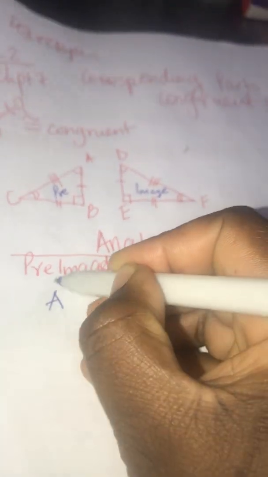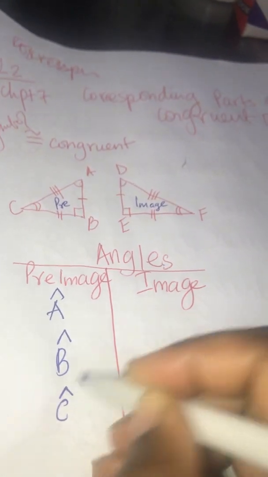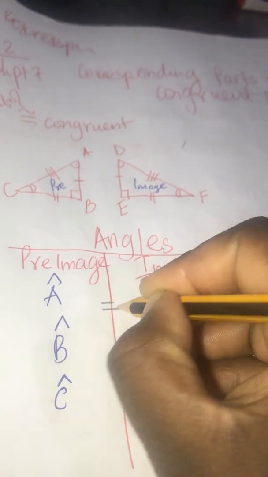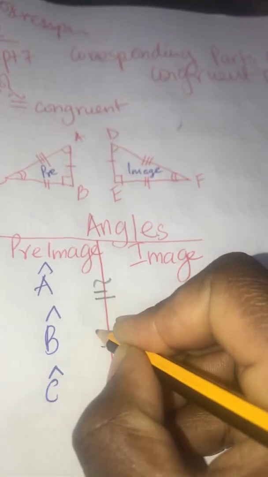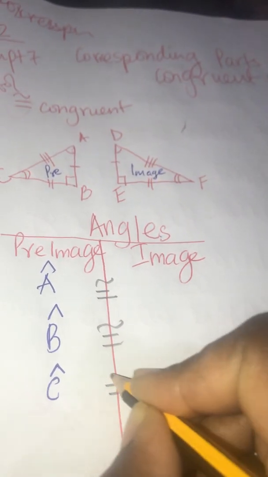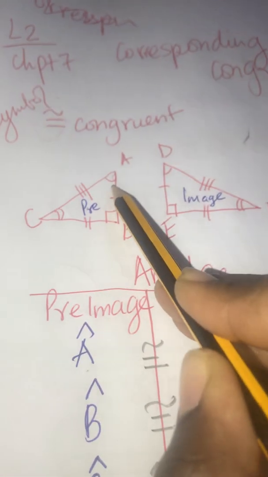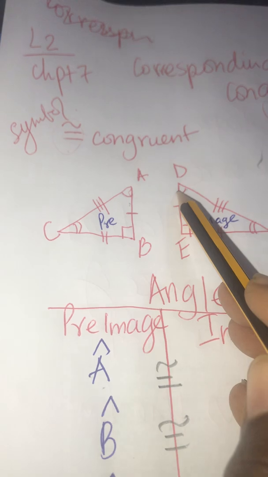Angle A, angle B, angle C. I will write the congruency symbols. Angle A matches angle D. This one has 1 line. This one has 1 line.